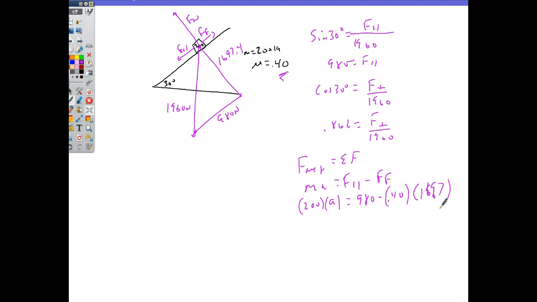And I get 301. I get 200a equals 301, divided by 200 is about 1.51, I hope. Meters per second squared. Agreed? You can do it. That's how they're done.